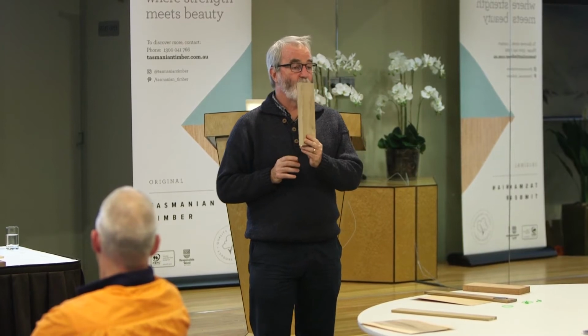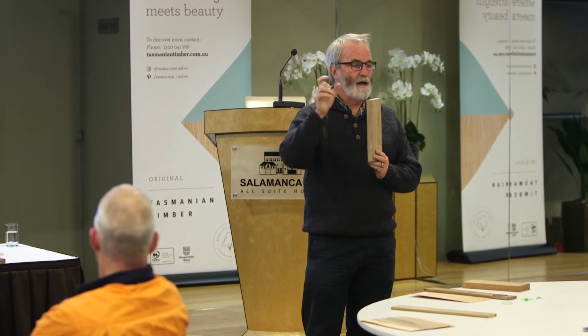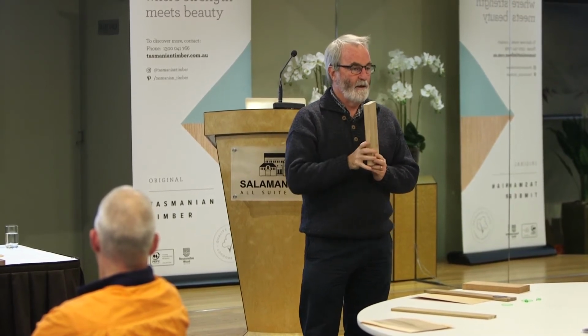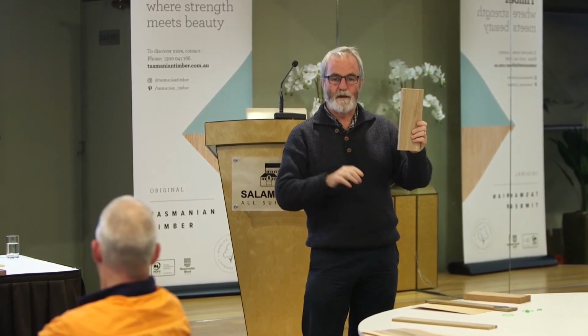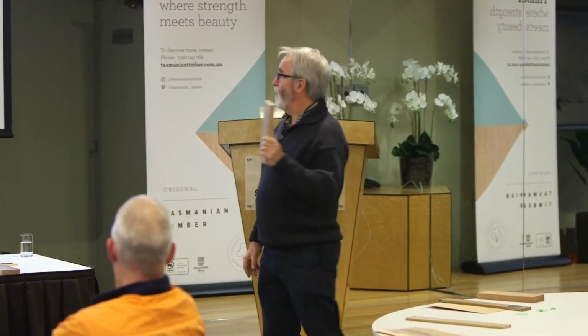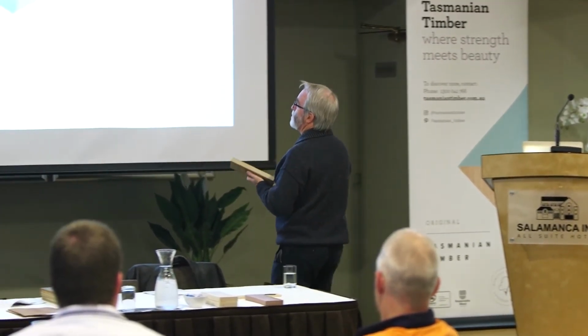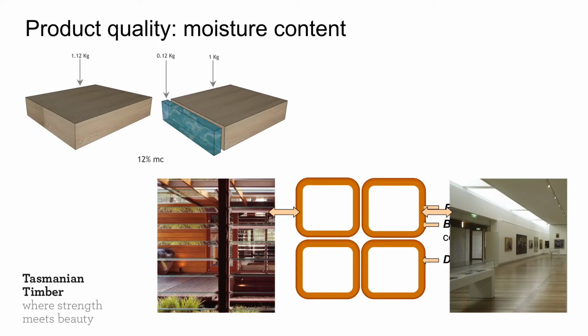So 100% moisture content means that you've got as much dry wood fibre as water in a piece. So if this piece weighed 2 kilograms with 100% moisture content, 1 kilogram would be water, 1 kilogram would be dry wood. That's what this diagram's showing. It says 1.12 kilograms. That gives you 1 kilogram of dry wood, 0.12 of a kilogram of water. That's about what moisture content this would be now.